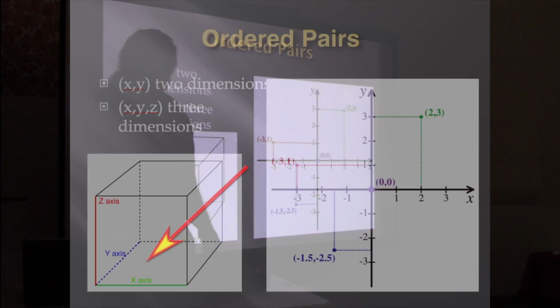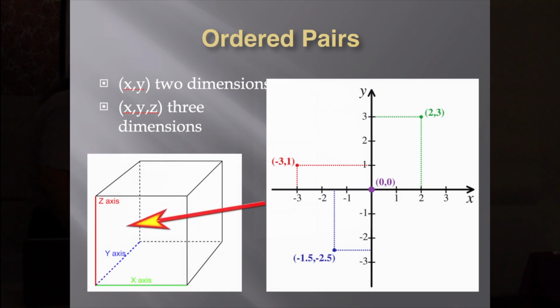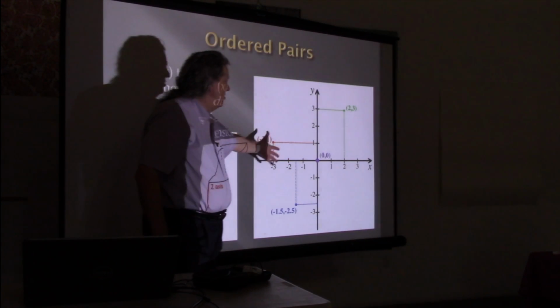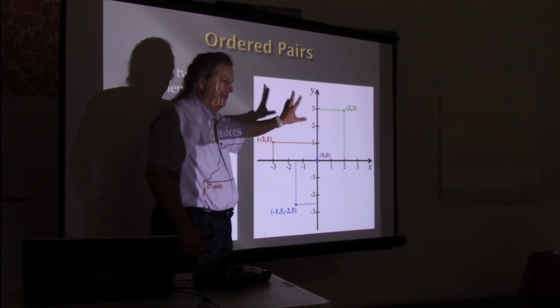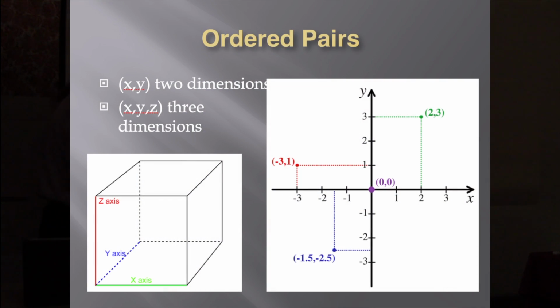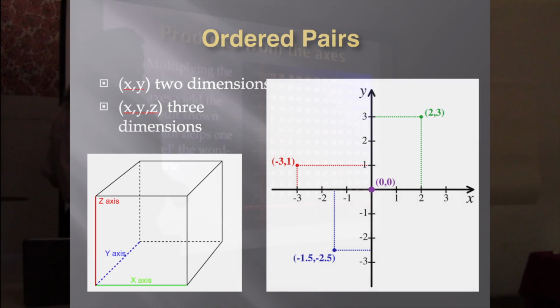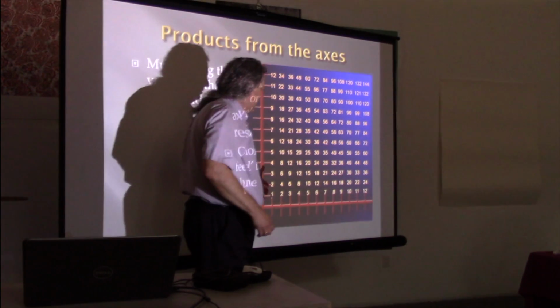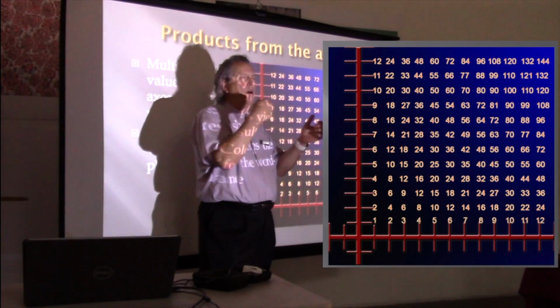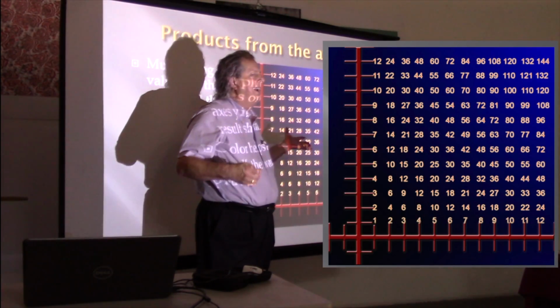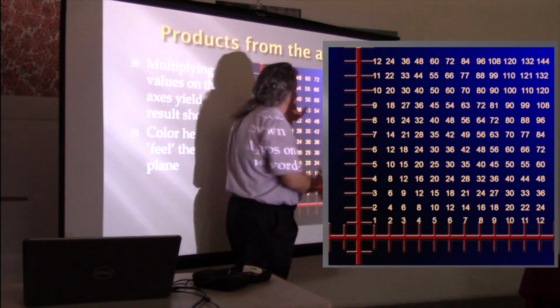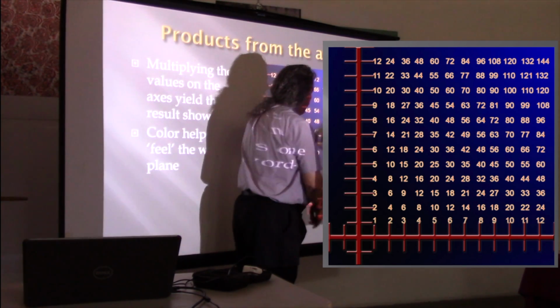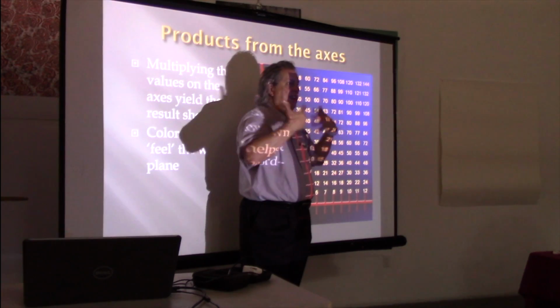So here we have the X, Y, and Z for 3 dimensions. Here's mapping in 2 dimensions. You can see how we can map in the 3rd dimension. Put that aside for a second. Let's get back to this, just kind of driving home the point. I think you guys already got it when I started talking about how, as you move into these areas, you get different feelings of magnitude.